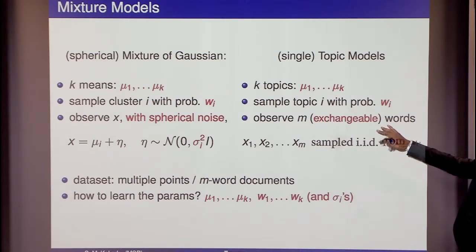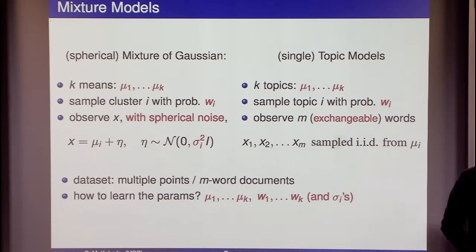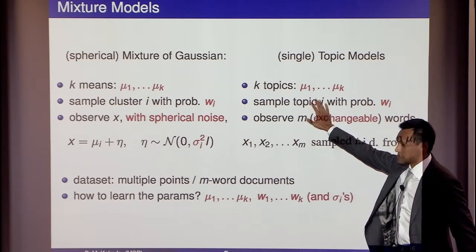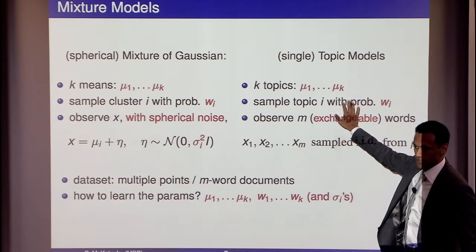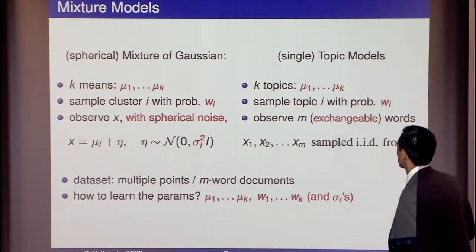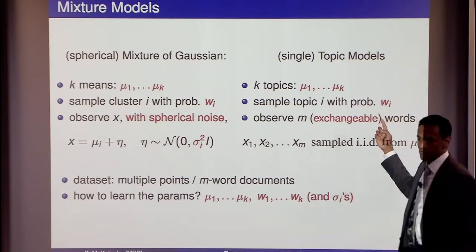And let me give you this question for the topic modeling problem, which is, you can think of this as the discrete analog of a mixture of Gaussians problem, but there are some differences. So in the topic model problem, instead of means, we have multinomial distributions, mu_1 to mu_k. And what we do now is first sample a topic i with probability w_i.